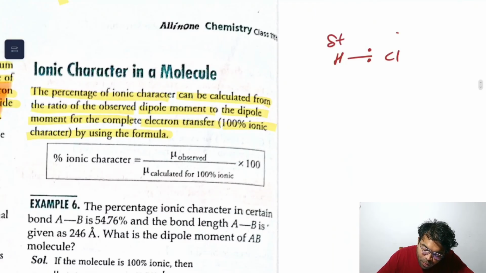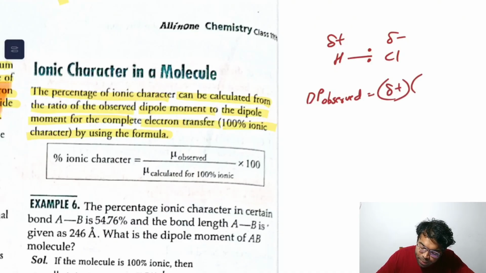Therefore, there is a slight positive charge and a slight negative charge. So the dipole moment observed will become equal to what? This delta positive multiplied by the distance. Let's call it d, the distance between them. So this is the observed value.